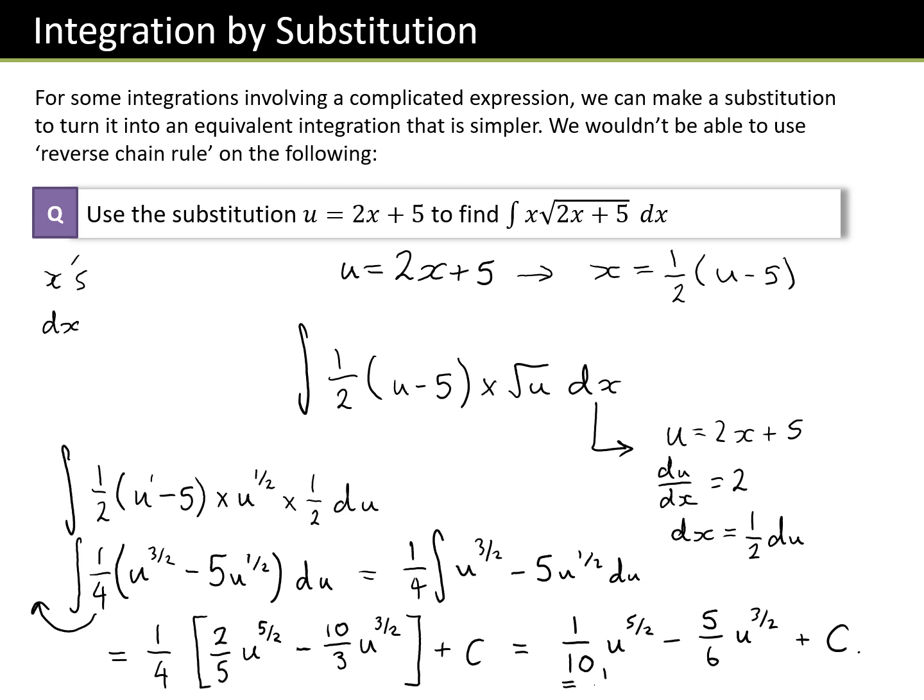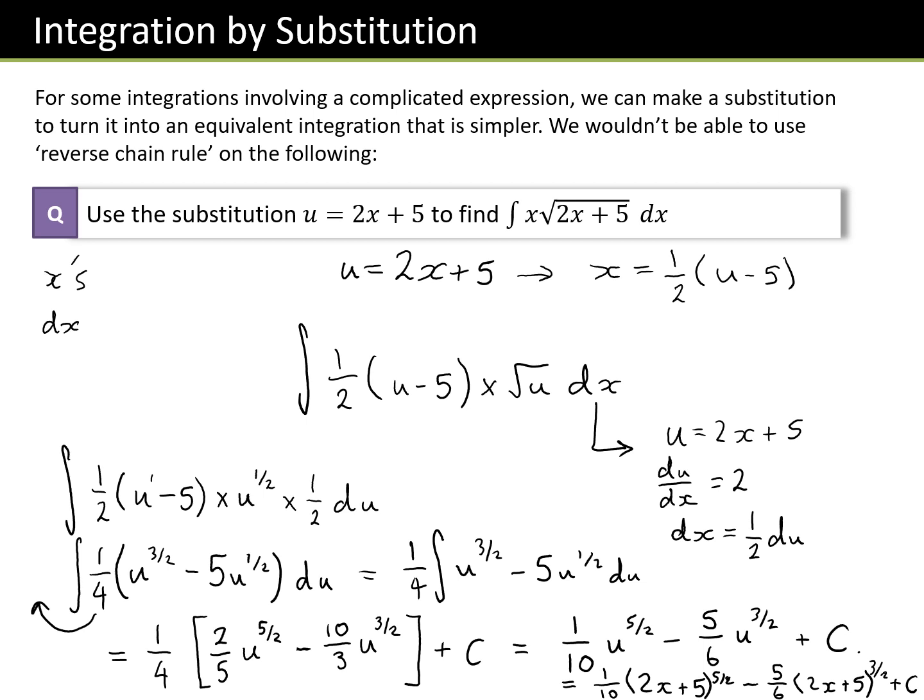So our answer actually is 1 over 10 brackets 2x plus 5 to the power of 5 over 2, minus 5 over 6 brackets 2x plus 5 to the power of 3 over 2 plus c. Sorry that it's getting very small in the corner.